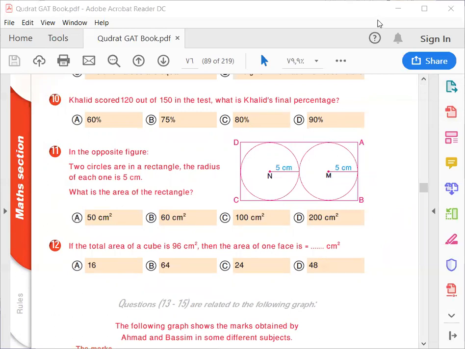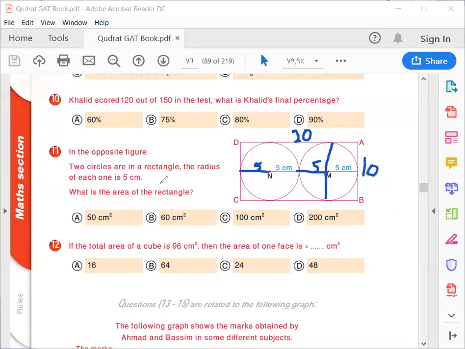So look here, I have 5 here, then also here 5, here 5, and 5. So what is the length? Because here 5 and 5, 5 multiplied by 4, the length is 20, right? The length is 20. What about the width? Here 5 and here 5, it is 10.